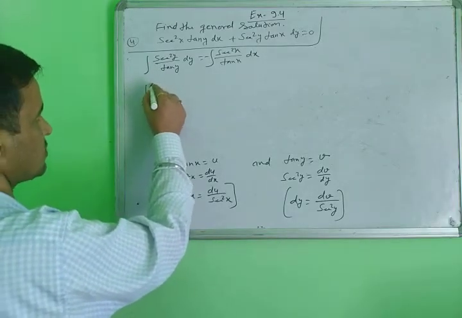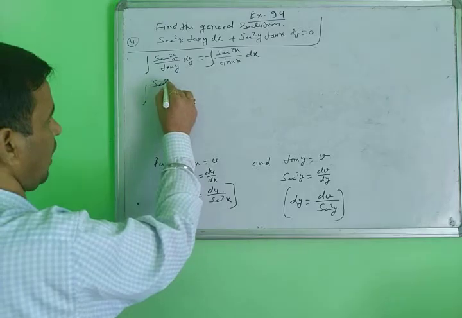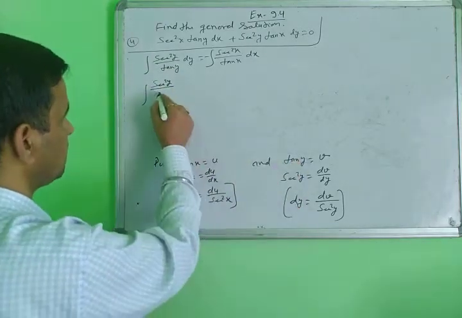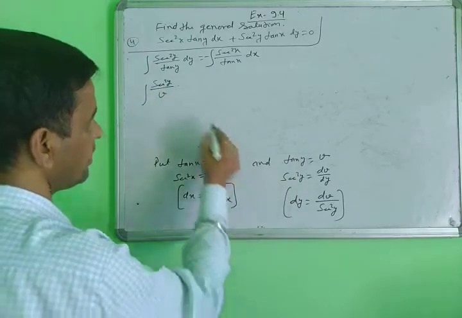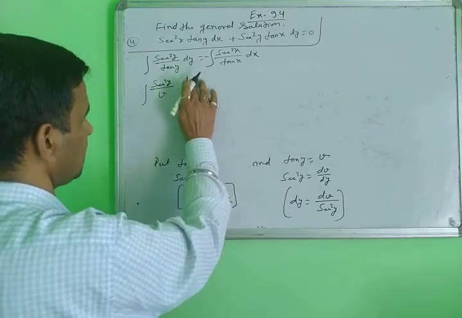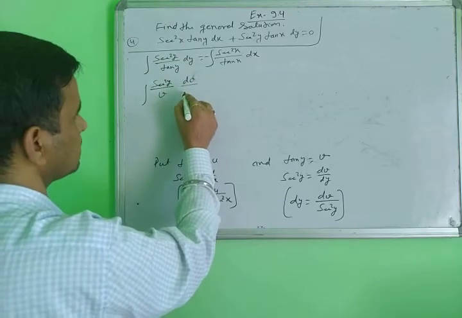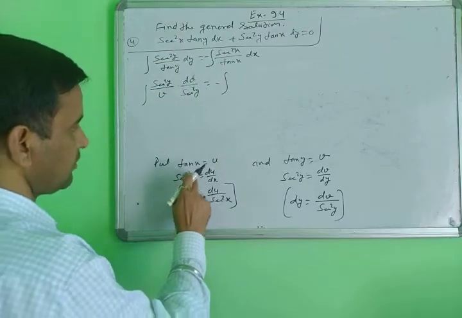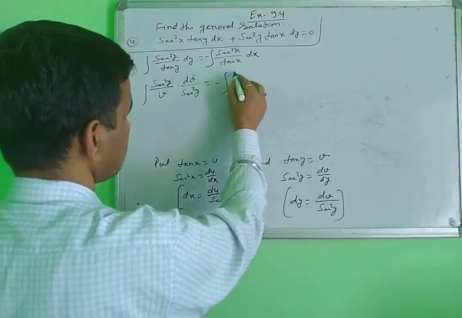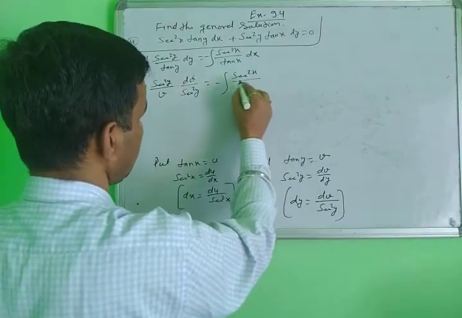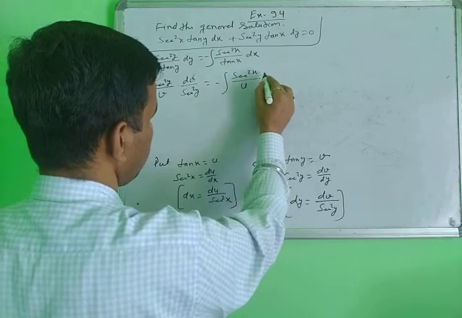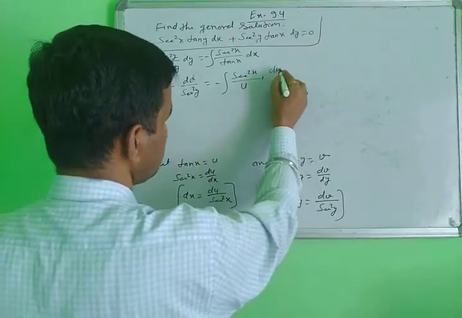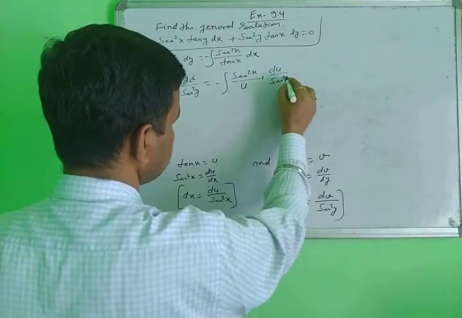Now sec square y upon, the value of tan y is v, and the value of dy is dv over sec square y, minus, the same thing here: sec square x upon u, and multiply by the value of dx, which is du upon sec square x.